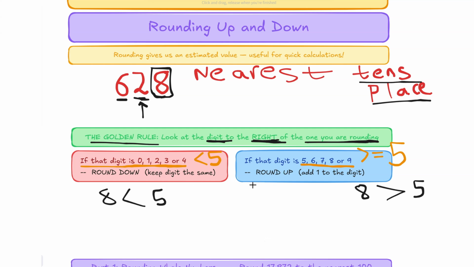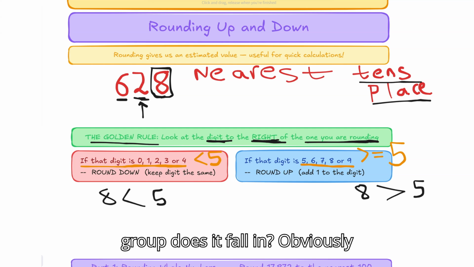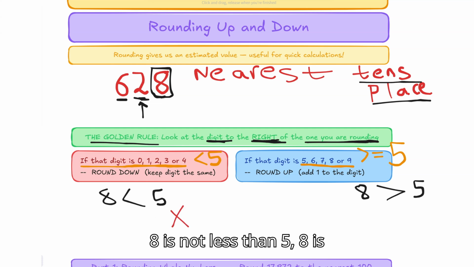Obviously 8 is not less than 5, 8 is greater than 5.